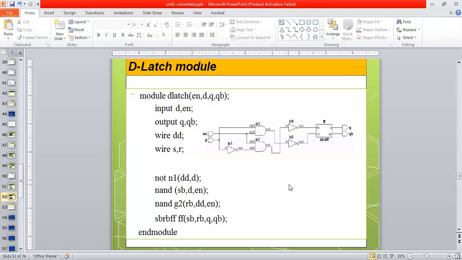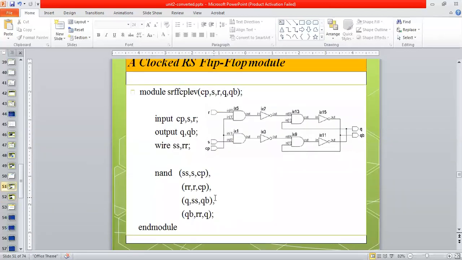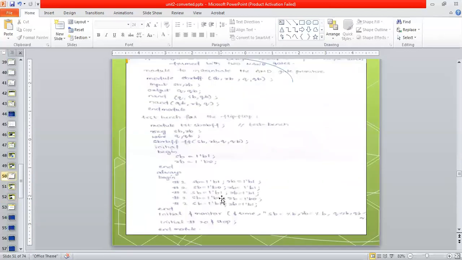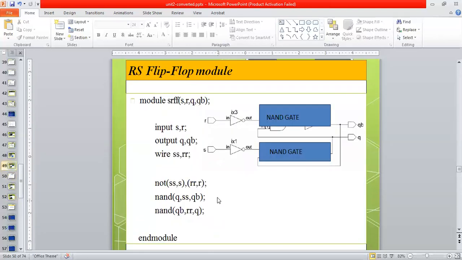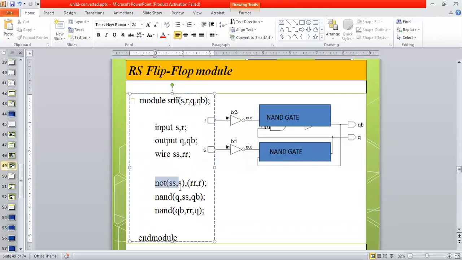Gate level implementation means that compulsorily we should represent the total program we are developing, and all the program implementations can be developed by using basic gates only.